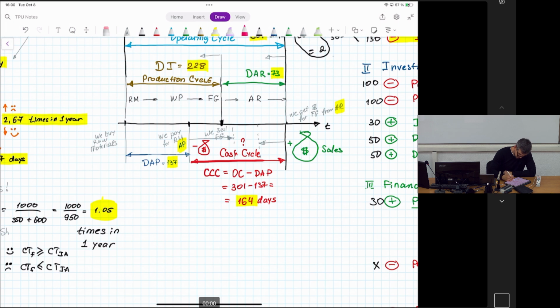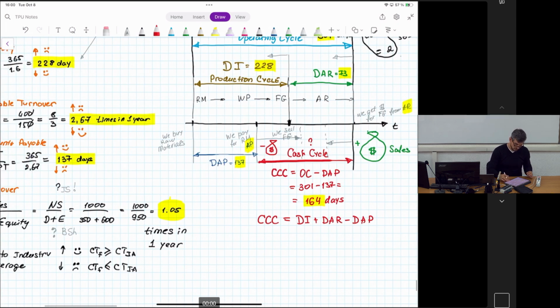I can also write it down this way, that cash conversion cycle can also be calculated as days in inventory plus days in accounts receivable minus days in accounts payable. So you don't have to use the operating cycle terminology. You can use only these ratios.